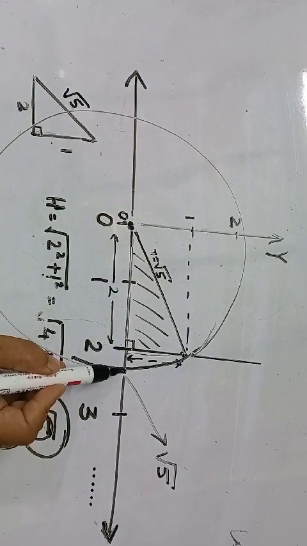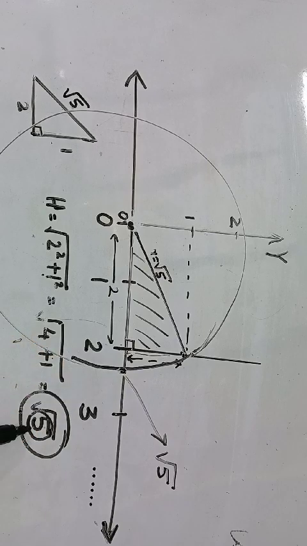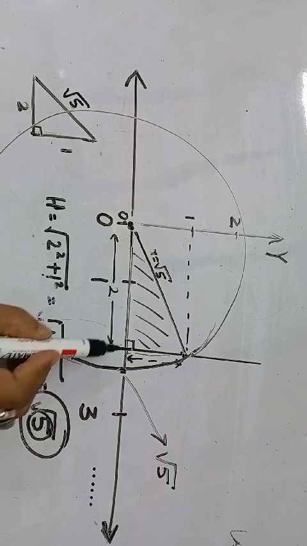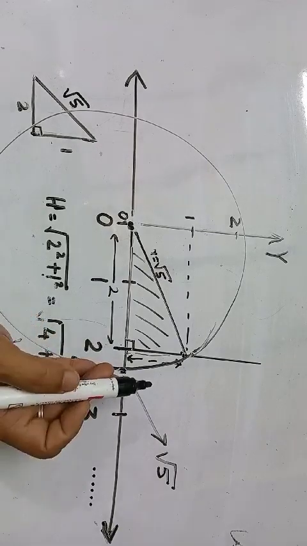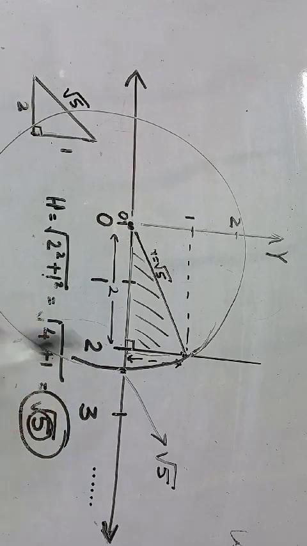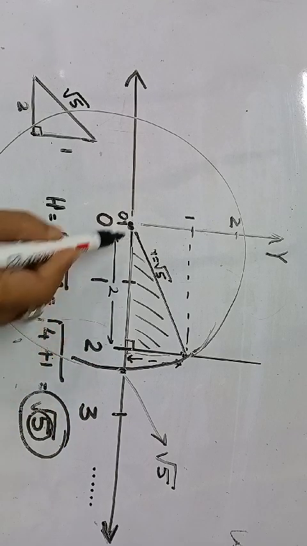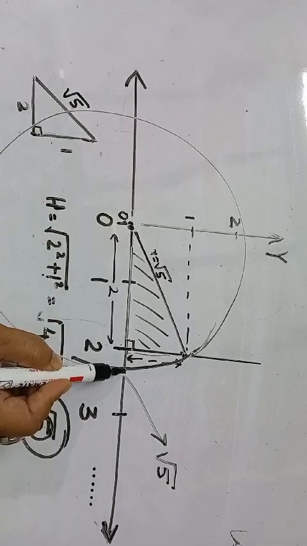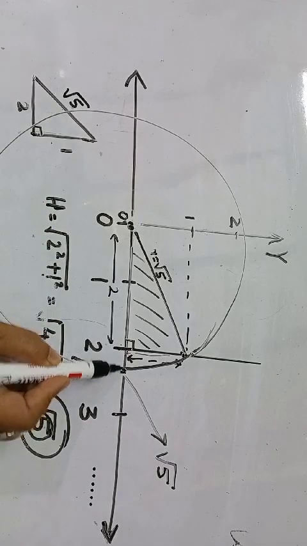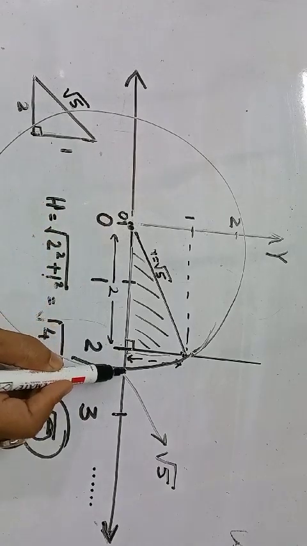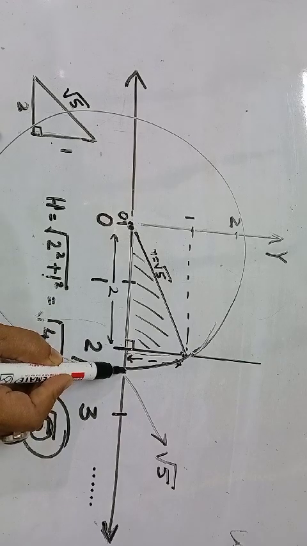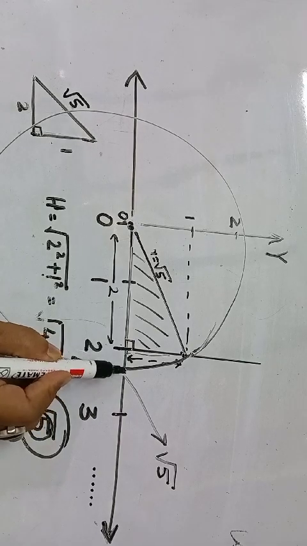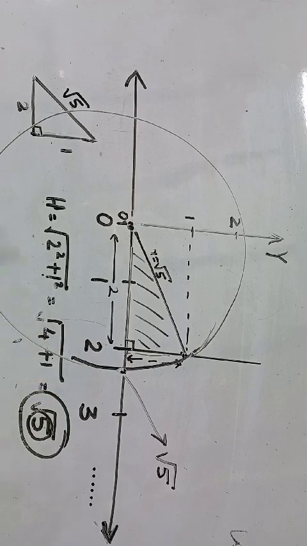You can see again for confirmation, we knew that root 5 will lie somewhere between 2 and 3 and it will be closer to 2, and this is exactly what you see. So from this point to this point, this is your root 5 distance. Okay, so this is that plotting. Remember, we had to do that plotting of root 5, so this point is root 5.